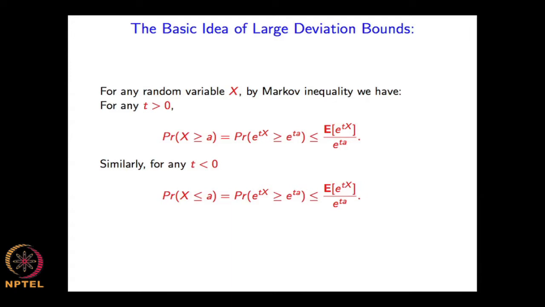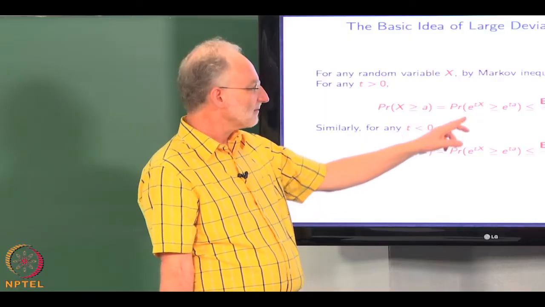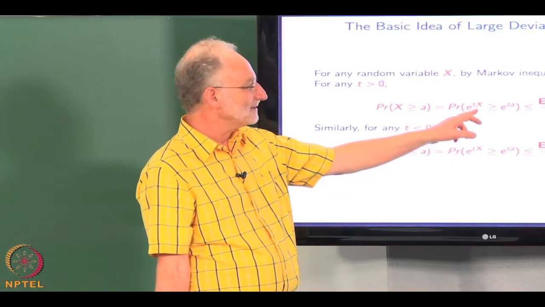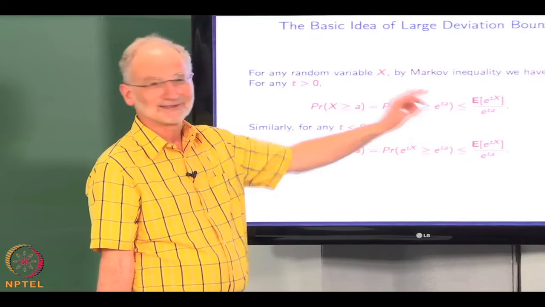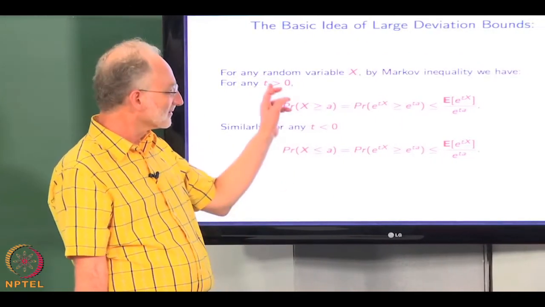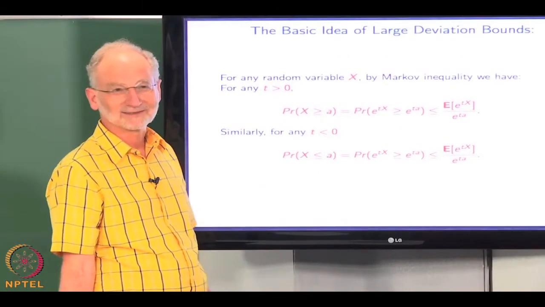The technique is the following. I want to know the probability that x is greater or equal to a. If I pick t that is greater than 0, then the probability that x is greater or equal to a is the same as the probability that e to the tx is greater than or equal to e to the ta, as long as I took t greater than 0.